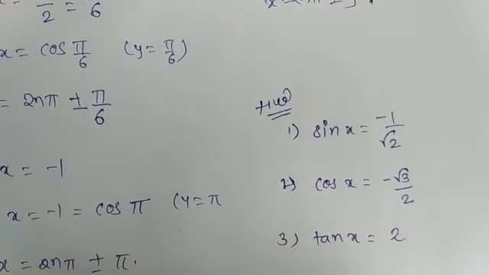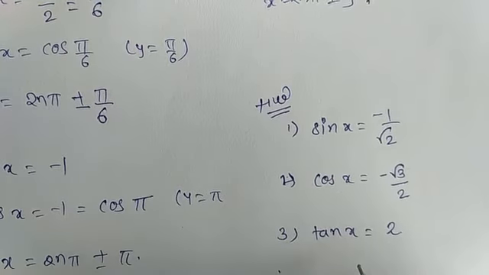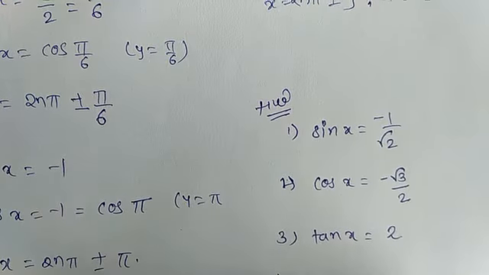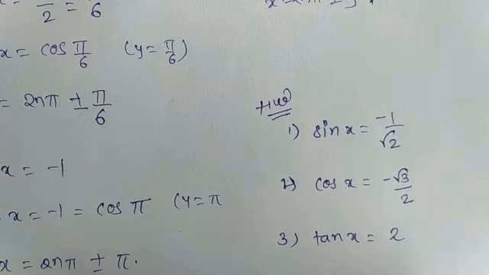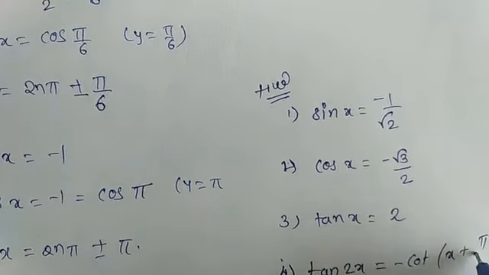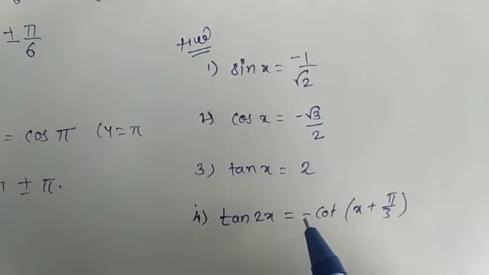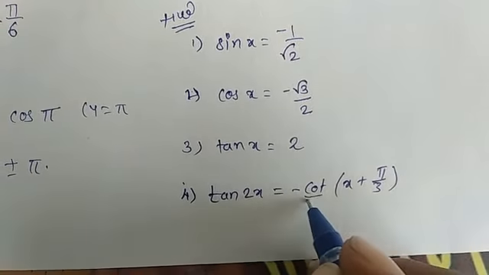And as a fourth example, you have to solve tan 2x is equal to minus cot of x plus pi by 3. So for homework you have to solve these 3 or 4 examples. For the fourth example you have to convert this in tan.